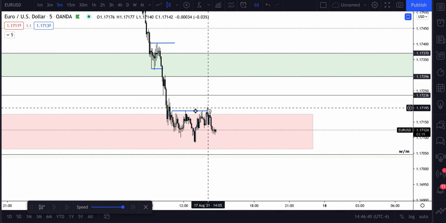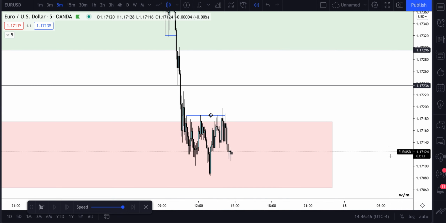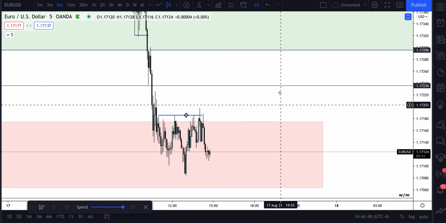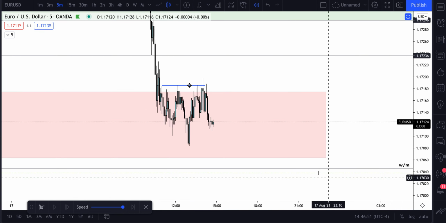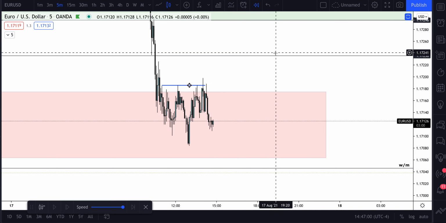Double top liquidated. So what are we expecting right now? Well, right now we just have to wait and see because it's pretty close to the daily double bottom, so the market could easily just liquidate this zone, then continue higher.